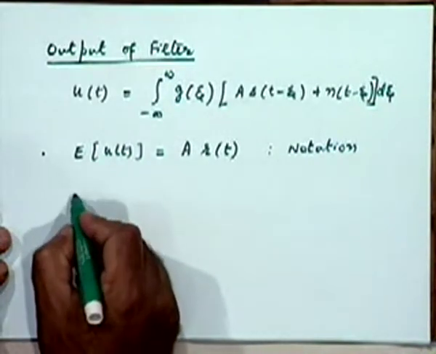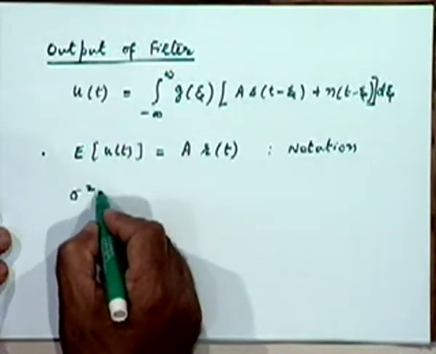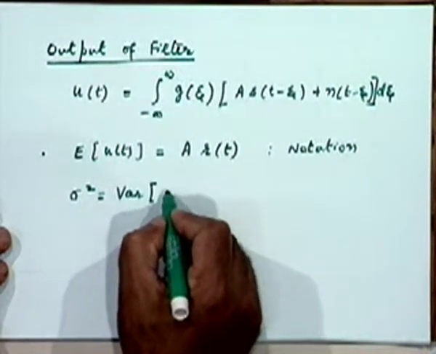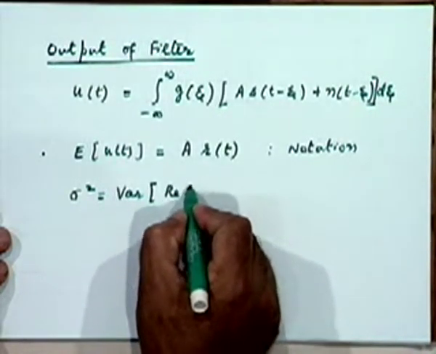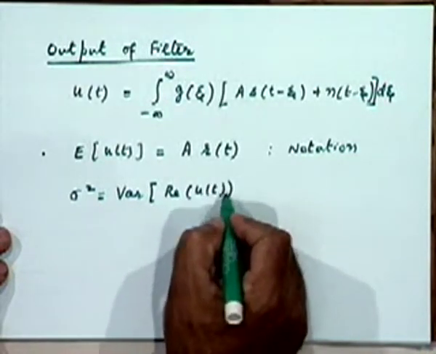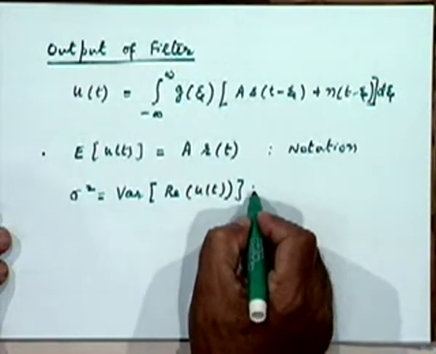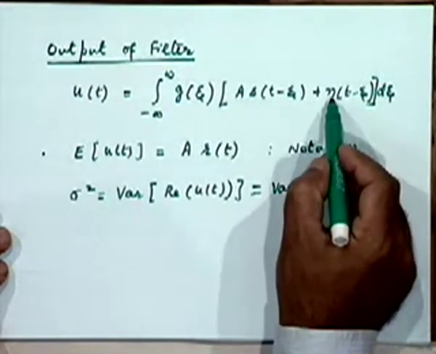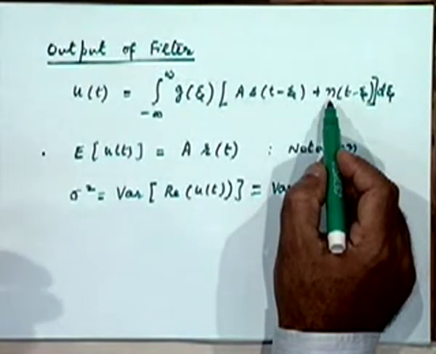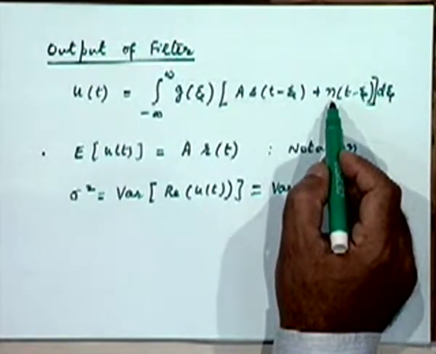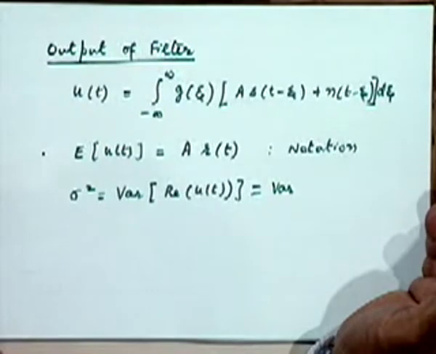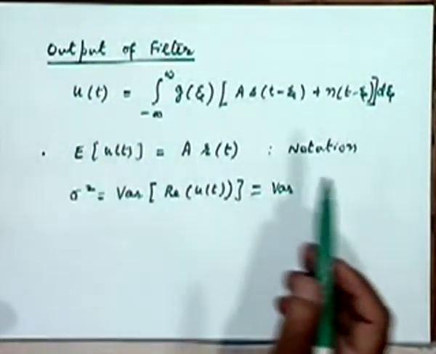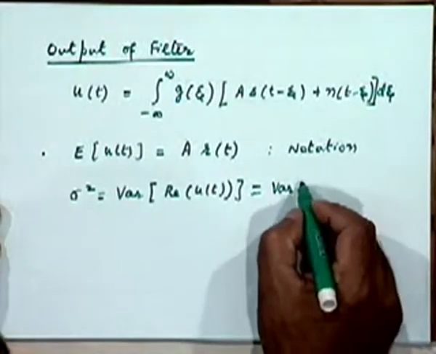And the variance of the real part of u(t) is going to be dictated by sigma square, either the real part or imaginary part, because if you remember, n(t) is in general complex with identical variance for real and imaginary parts. Similarly, u is in general a complex random process, and will have identical variances for real and imaginary parts.